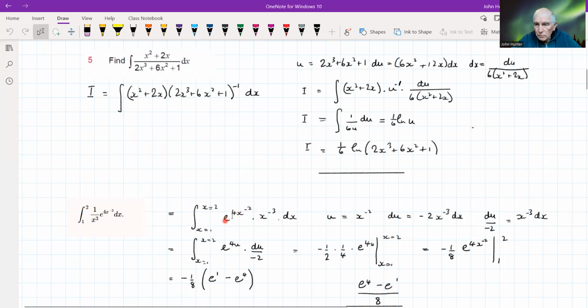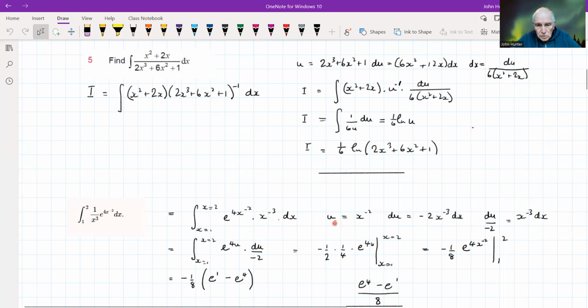The outer function is the exp, and the inner function is 4x to the power of minus 2. So the derivative of the inner function, the f, is going to be some constant times x to the power of minus 3. So essentially, to within a constant, we have got f prime of x here, the derivative of f in there.